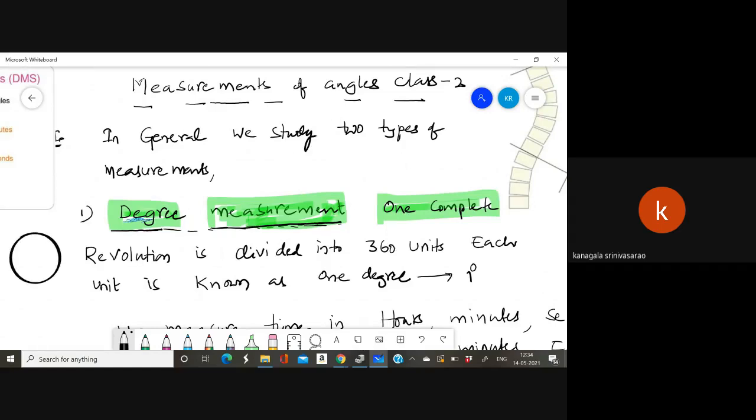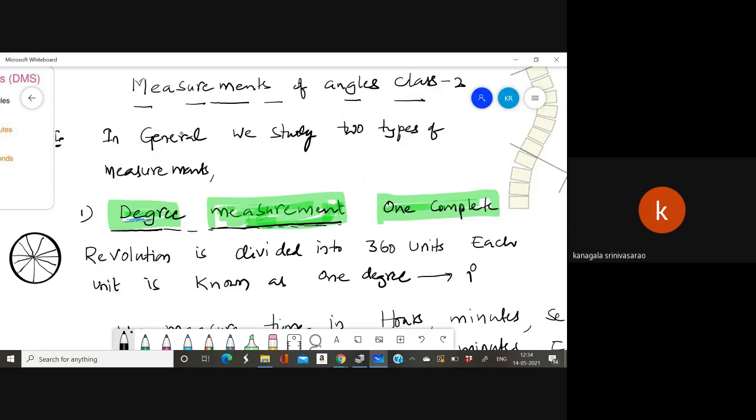One complete round is divided into 360 units, 360 parts, and each one is known as 1 degree.